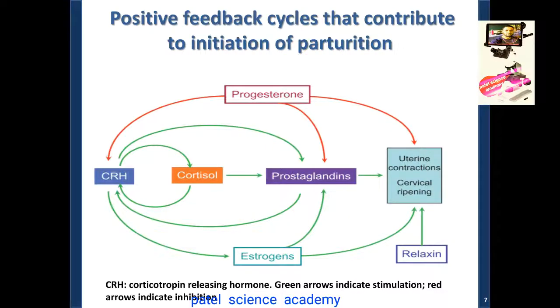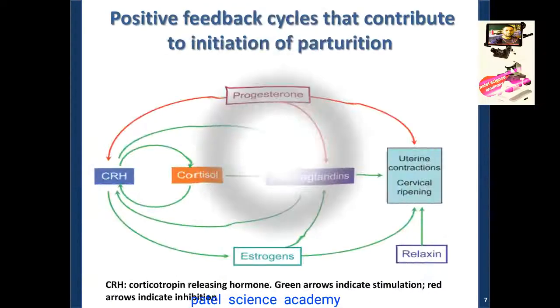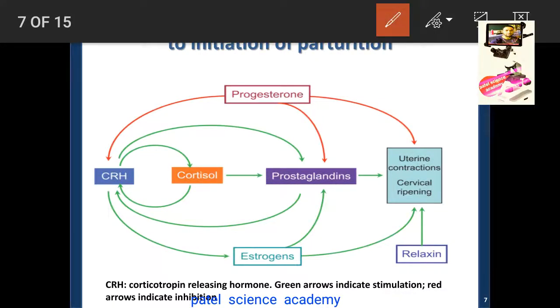So as you can see here in this graphic representation, this is the progesterone hormone, and this red arrow indicates that CRH, corticotropin releasing hormone, is inhibited, and thereafter changes the cortisol level and the prostaglandin.